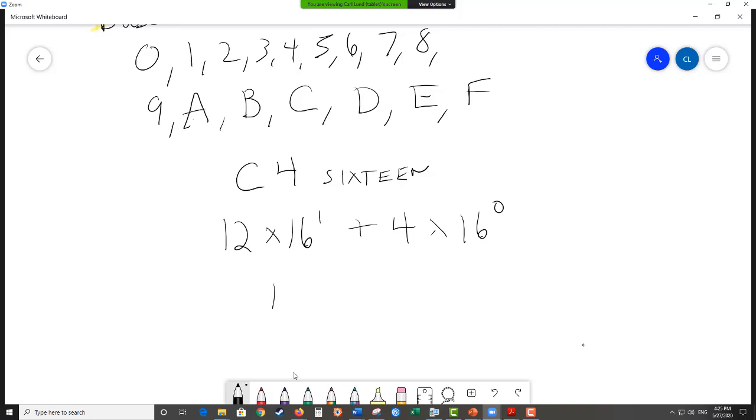So I have 12 times 16, which I'm not going to do in my head, sorry, which is 192, plus 4. C4 in base 16 is the number 196 in base 10.